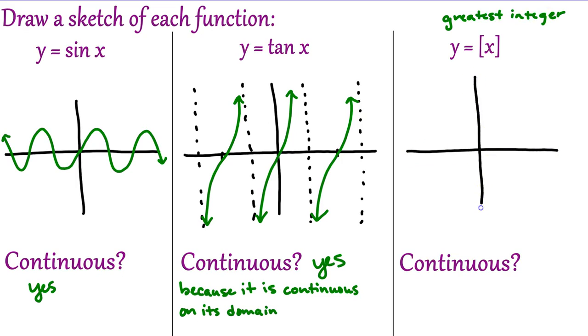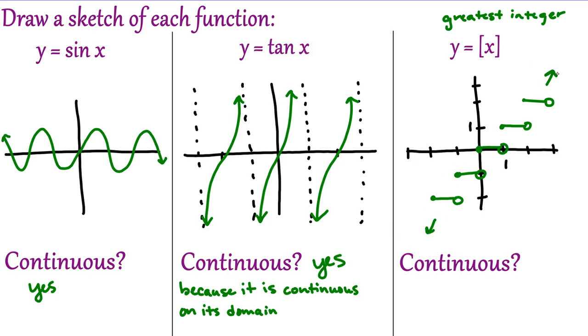So 2.1 rounds down to 2, 2.5 rounds down to 2, 2.9 rounds down to 2, etc. So I won't go into a ton of detail, but this graph looks like this. Sometimes it's called the step function or the floor function. Okay, it would keep going. You would have infinitely many pieces, like Stairway to Heaven, infinitely many steps going up, infinitely many going down.